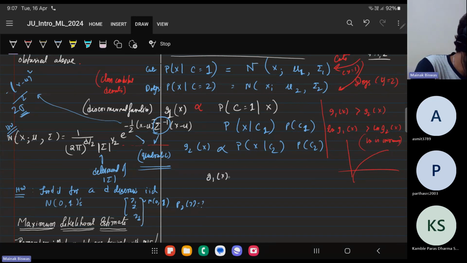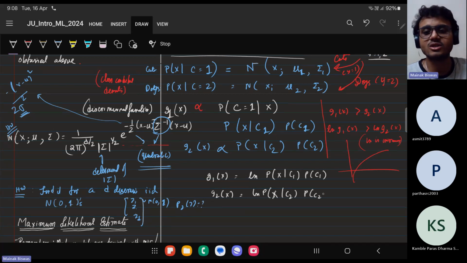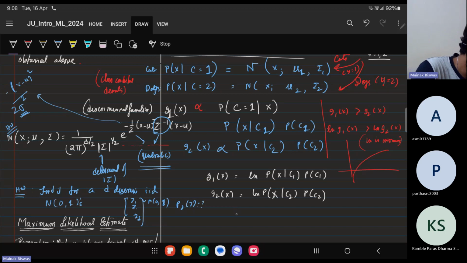So I will define G1 of X as log of probability of X given C1 into probability of C1, and G2 of X as log of probability of X given C2 into probability of C2. This will help me in calculation.